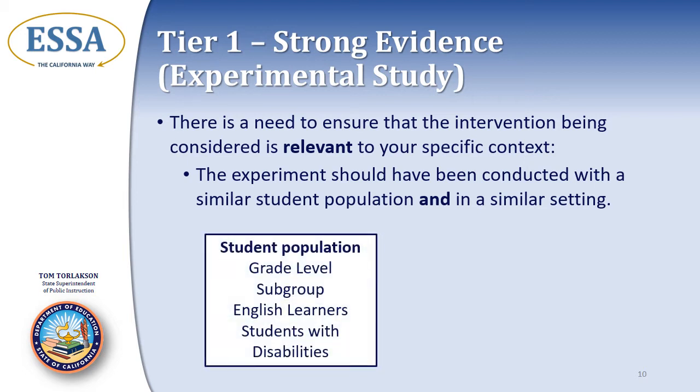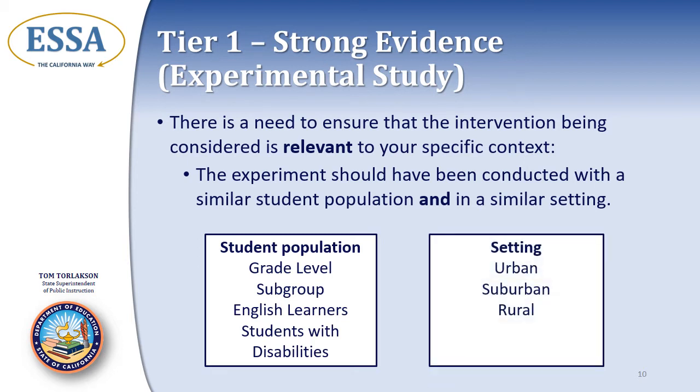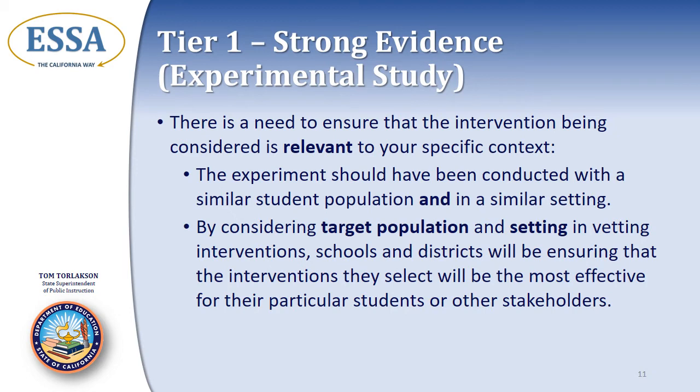This means considering your target student population, whether that be grade level, subgroup, English learners, or students with disabilities, and the setting in which you are operating, whether that be urban, suburban, or rural. By considering target population and setting in vetting interventions, schools and districts will be ensuring that the interventions they select will be the most effective for their particular students or other stakeholders.